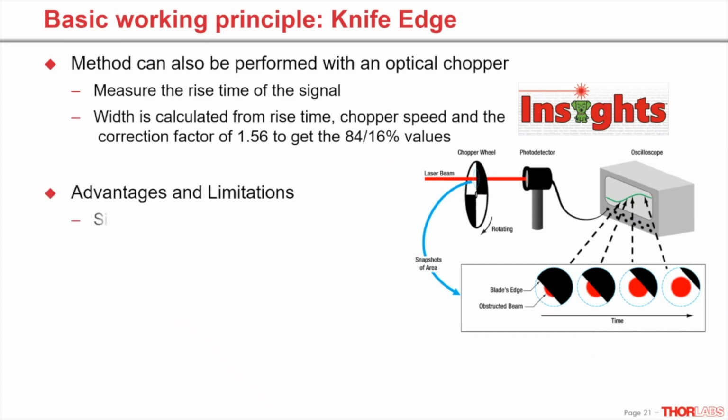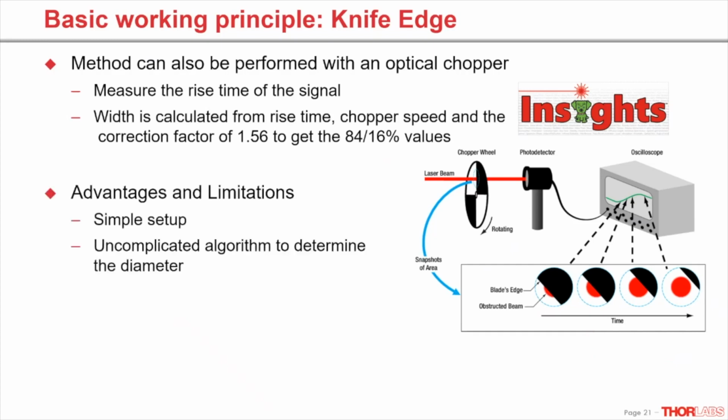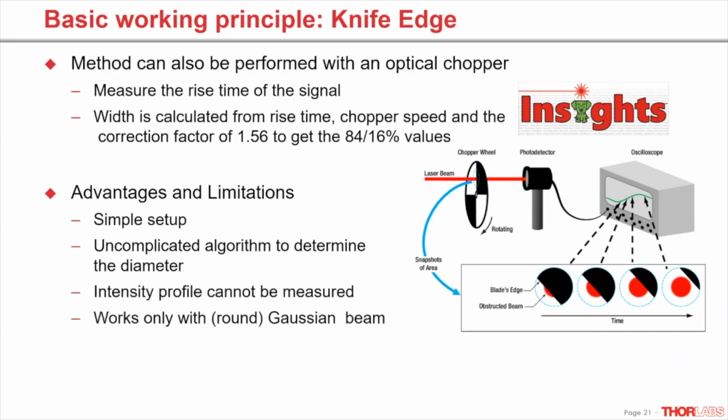The advantage of the knife edge method is the simple setup and the uncomplicated algorithm to determine the beam diameter. The disadvantage is that this method works only for Gaussian and especially for round Gaussian beams.